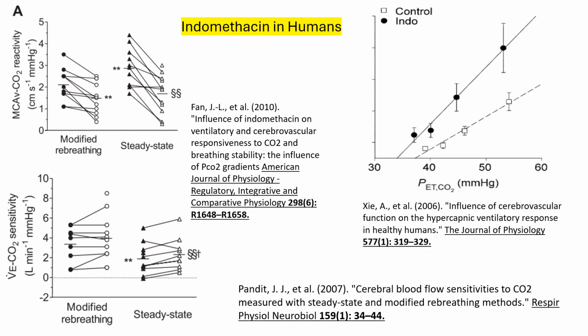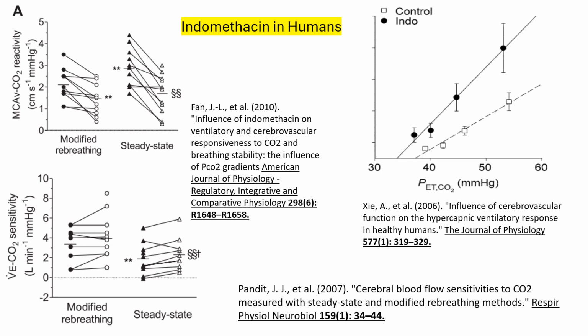We turn to evidence from human experimentation. Fan and colleagues in 2010 measured both the cortical blood flow response to CO2, transcranial Doppler of the middle cerebral artery, and the ventilatory response sensitivity to CO2 with both rebreathing and steady-state methods of measurement. They used indomethacin to decrease both resting blood flow and the response to CO2.